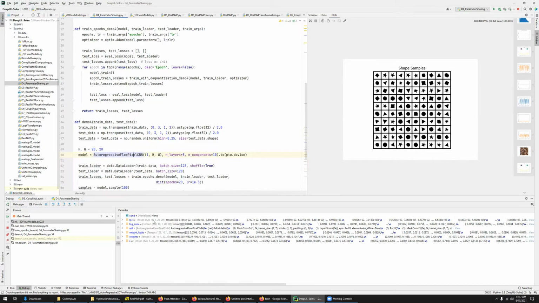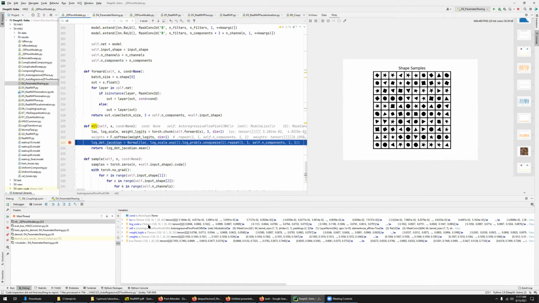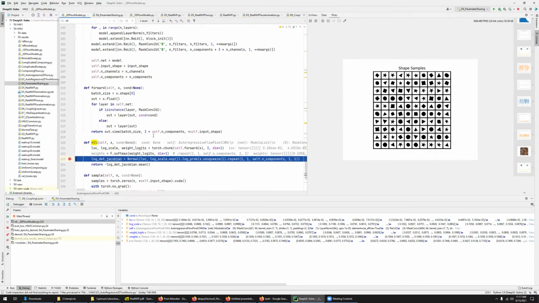So we can see it's the number of components, the number of Gaussians, and then for each 20 by 20, all of them have a different Gaussian, and then the conditional is also taken care of. So the first one is conditioned on the second, and so on.